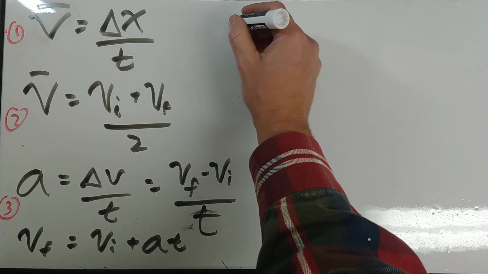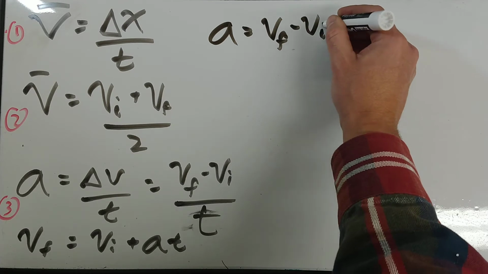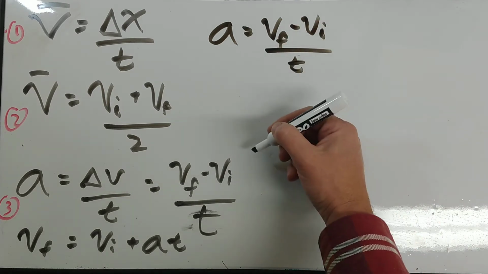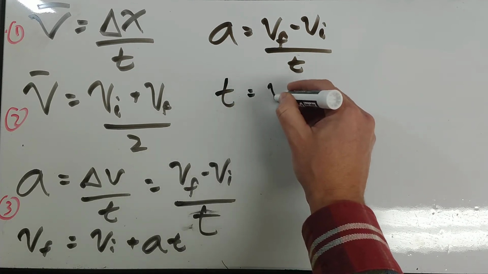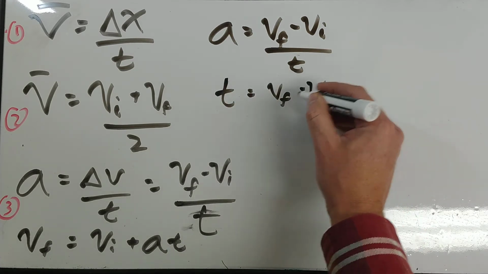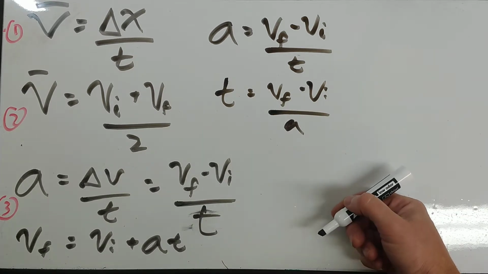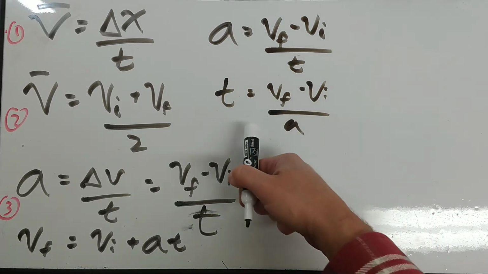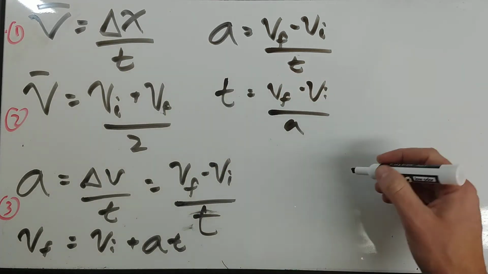We know the acceleration, so a equals v final minus v initial over t. All right, I'm going to solve this for t, so I get t equals v final minus v initial over a. Cool.